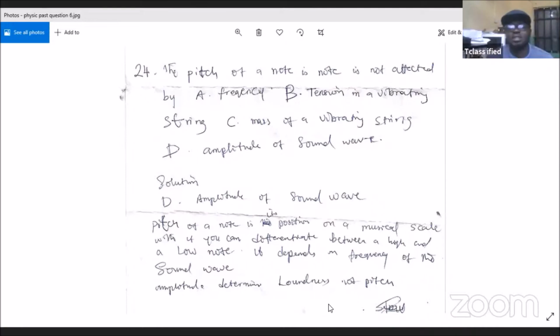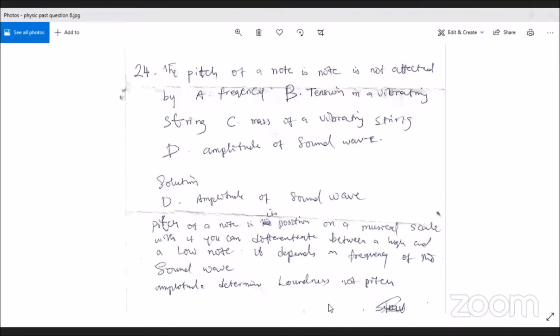Loudness or intensity of a sound is dependent on the amplitude, but the pitch is dependent on the frequency of the sound. So if you look at the options, you see that D is the amplitude of the sound wave.